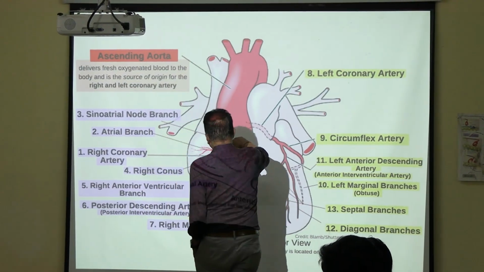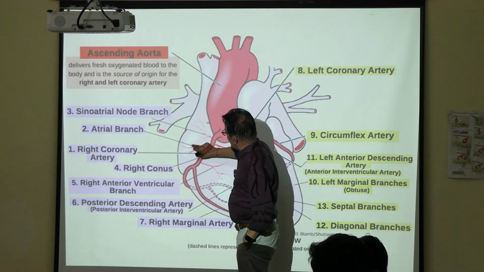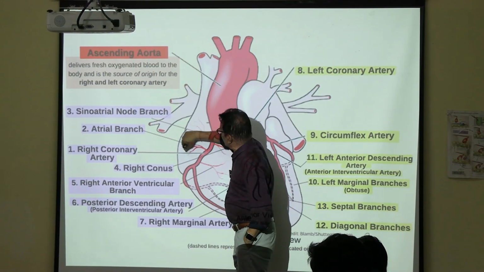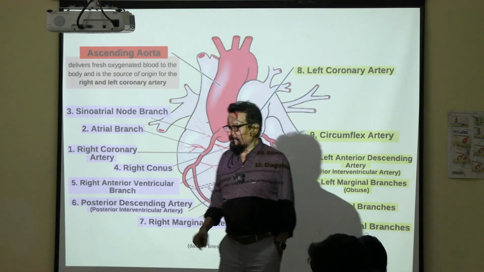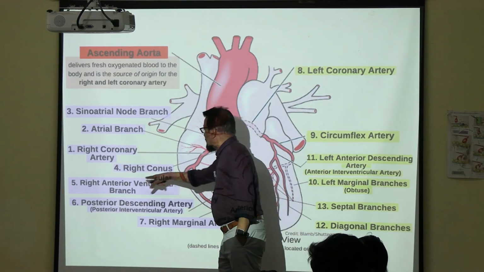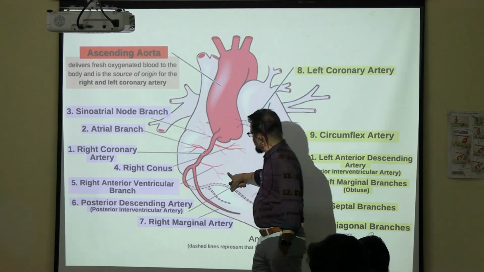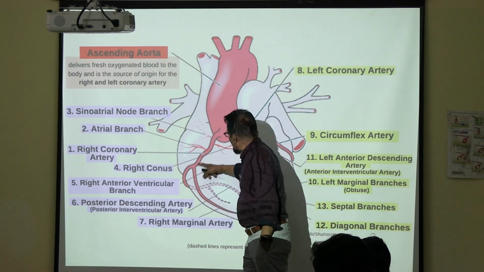This will supply this area, and part of it will go to the back and supply the left atrium. Then what is this? It is the right anterior ventricular branch. This area it will be supplying.